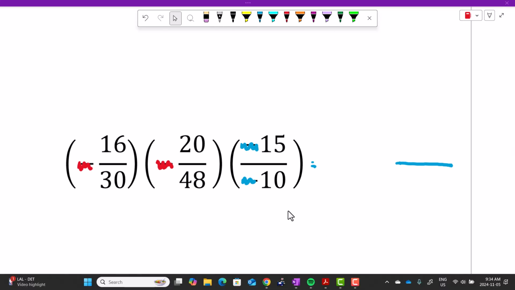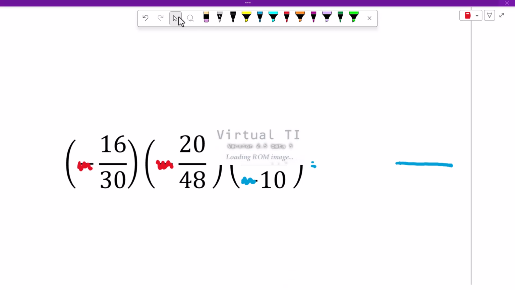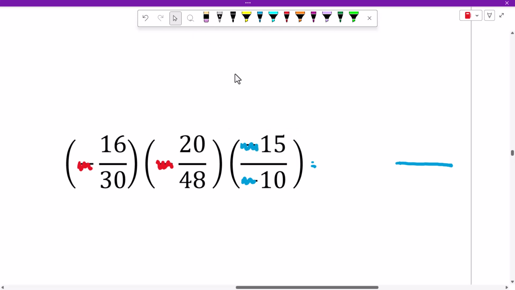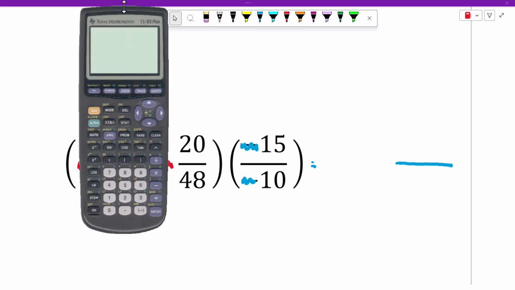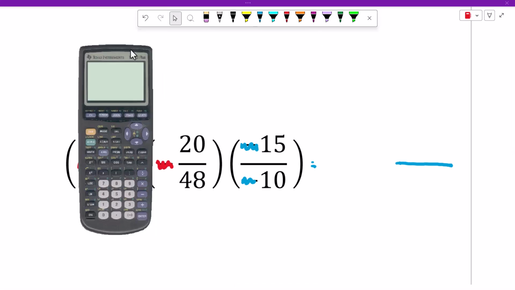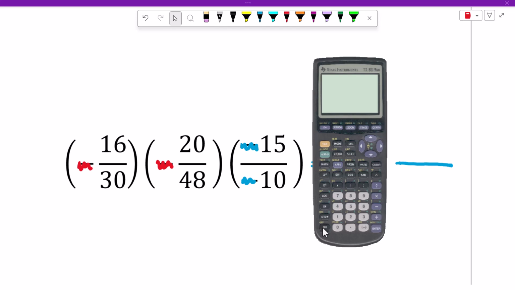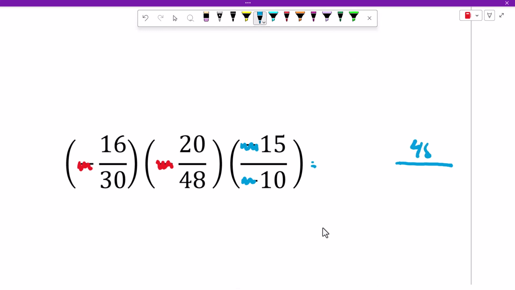Let's go here, grab my calculator. So on the top, I have 16 times 20 times 15, 4,800 on the top.